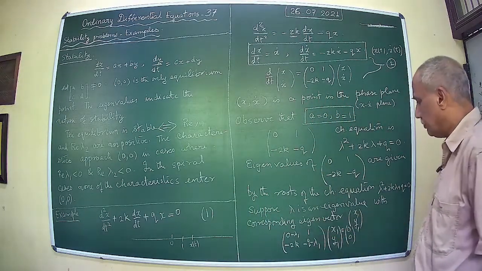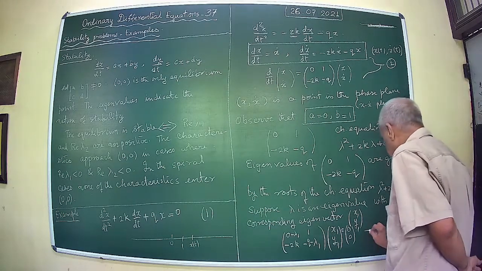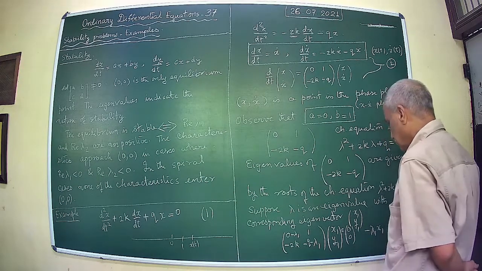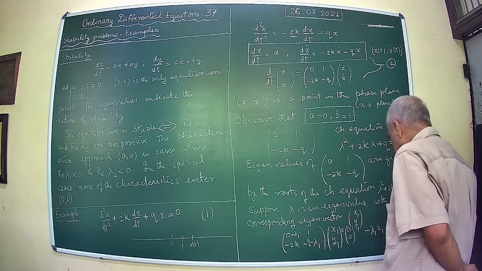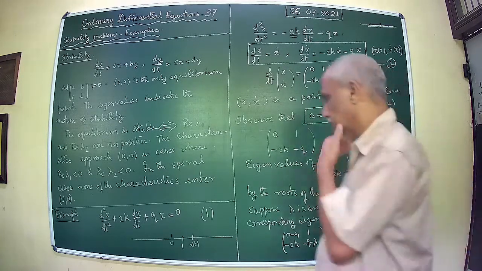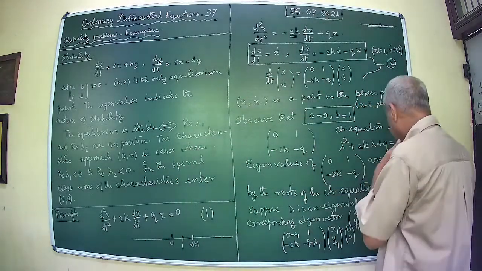Look at the first equation. The first equation says that minus lambda 1 x1 plus y1 equal to 0. Okay. So from this what do you infer?